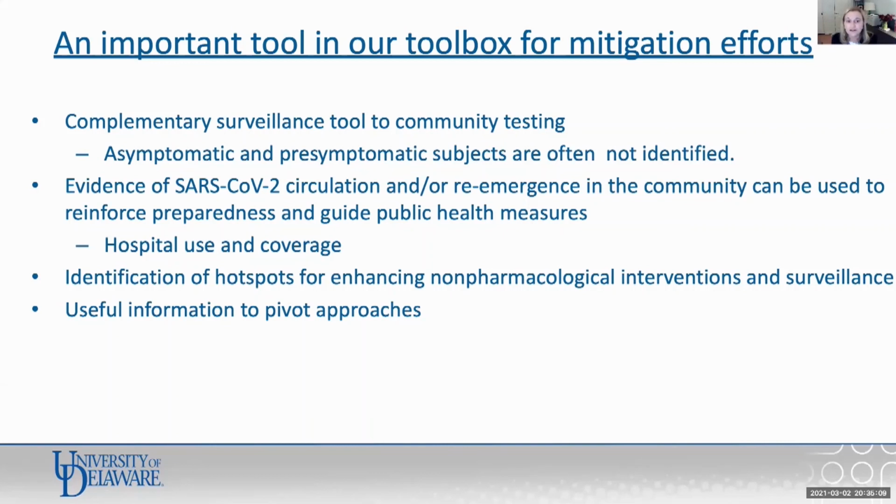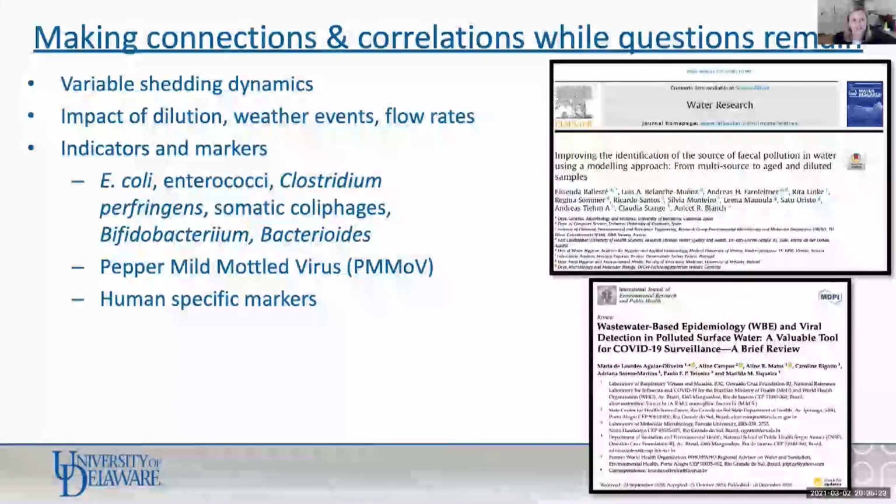We can look for evidence and reemergence of some of the different strains as people are doing more and more sequencing on wastewater analysis. It also provides useful information if we need to pivot in terms of our approach for mitigation. Lots of questions still remain, including we don't understand the variable shedding dynamics of different individuals.